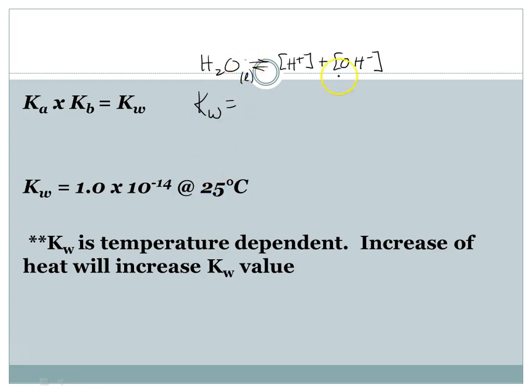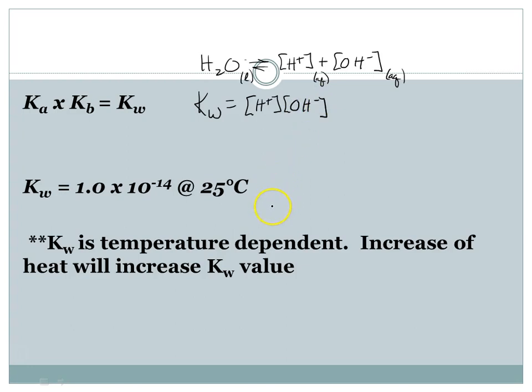And this is liquid and this is aqueous. Now notice I didn't put it in the hydronium form. You can if you want to, but I'm just going to keep it simple with hydrogens and hydroxides so you can see it. I can write an equilibrium expression for the ionization of water, and we call that Kw. So Kw is water. And since it's products over reactants, it looks just like that.